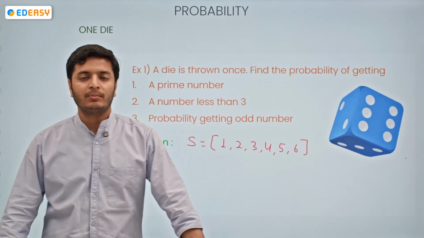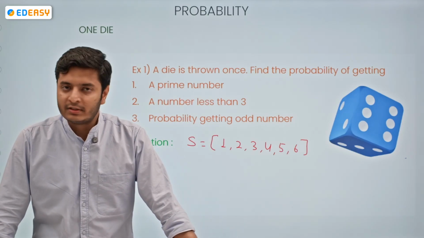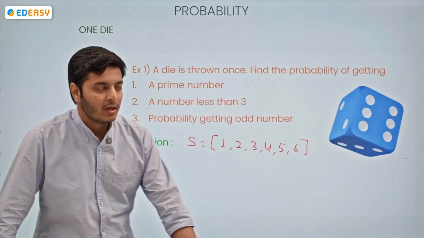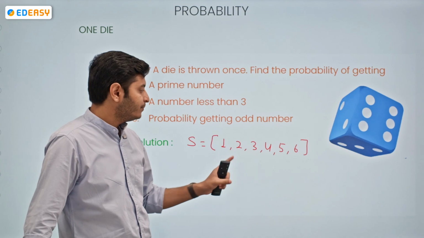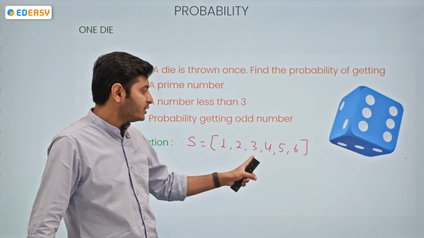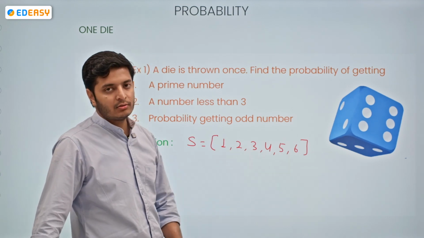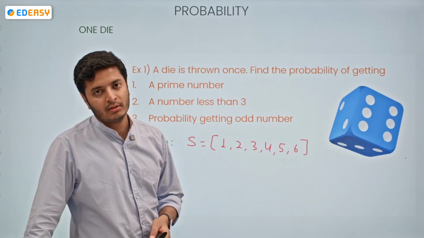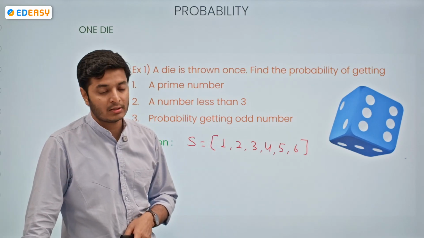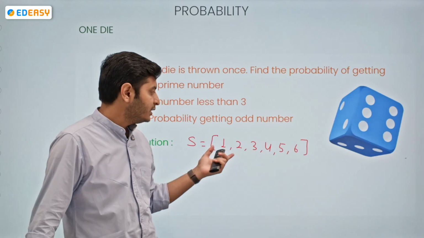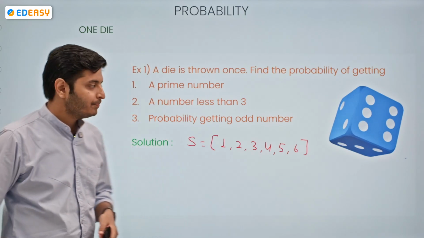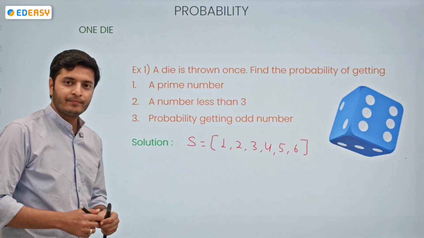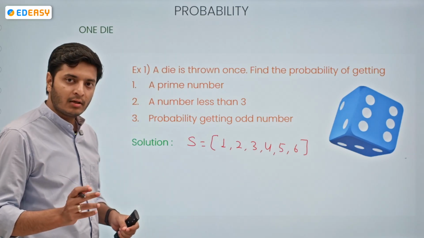Prime numbers are those numbers which have only 2 factors, 1 and the number itself, correct? So do we have any such number here? Yes, 2 is there, 3 is there, and 5 is there. So there are 3 such numbers. Is 1 a prime number? No, it is not. Is 1 a composite number? No, it is not. 1 is a very unique number, neither composite nor prime. So there are 3 numbers, 2, 3 and 5, right?